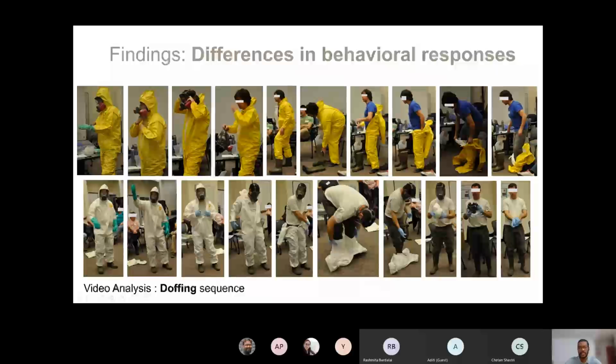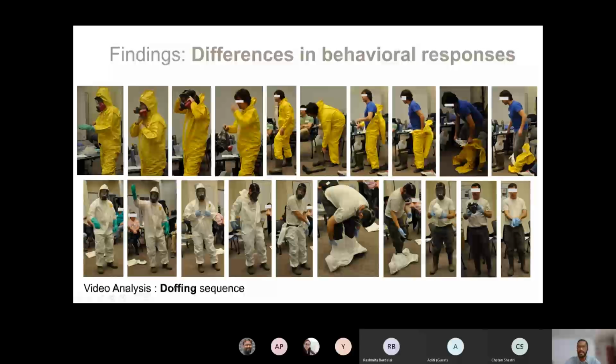So in the first instance, we see on the top left, this particular individual in the yellow coverall gets rid of his green protective gloves and then proceeds to take off his other PPE. Whereas in the second case, we see that individual holding on to his inner set of gloves before he takes off the last piece of PPE, which is the face shield that he's wearing.